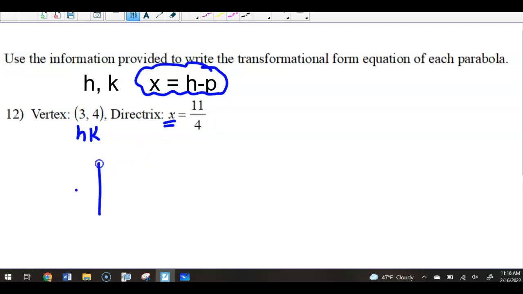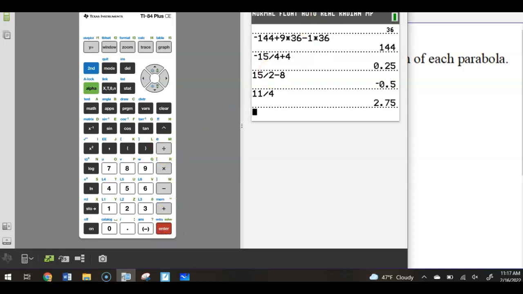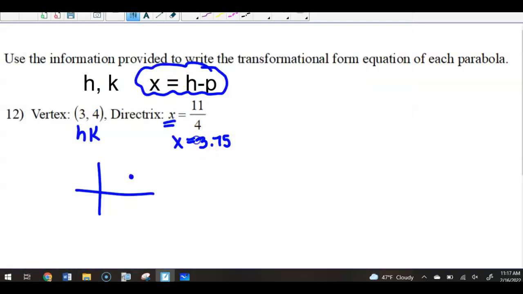And if you were to do a sketch, if you went over 3 and up 4, this is actually 2.75.